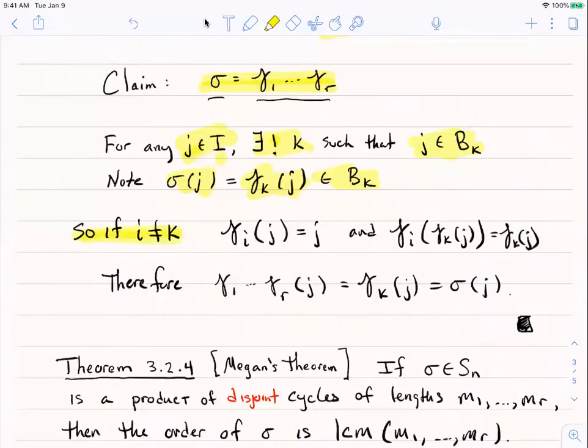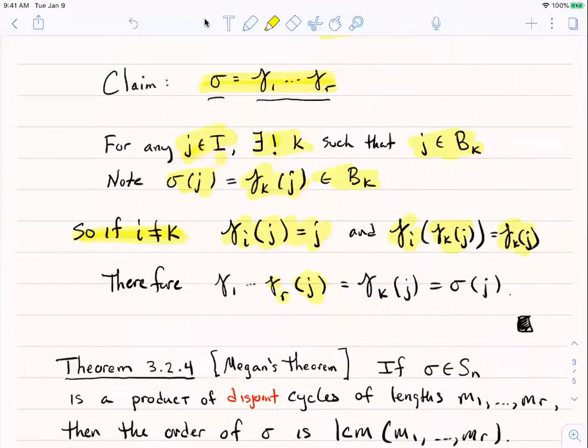So if you choose an index i different than k, then gamma sub i of j is going to be j, because j is not in the ith orbit, and also gamma sub i of sigma of j, that is, of gamma k of j, is also going to be gamma k of j, because that's also not in the ith orbit. Okay, so when you feed this j into your function, you'll start giving it to these gammas.